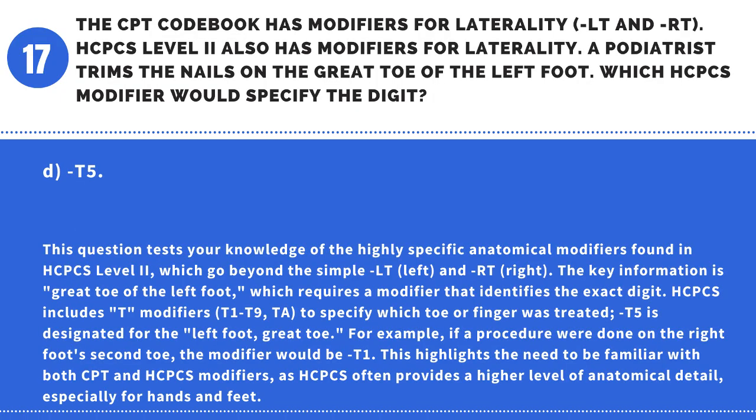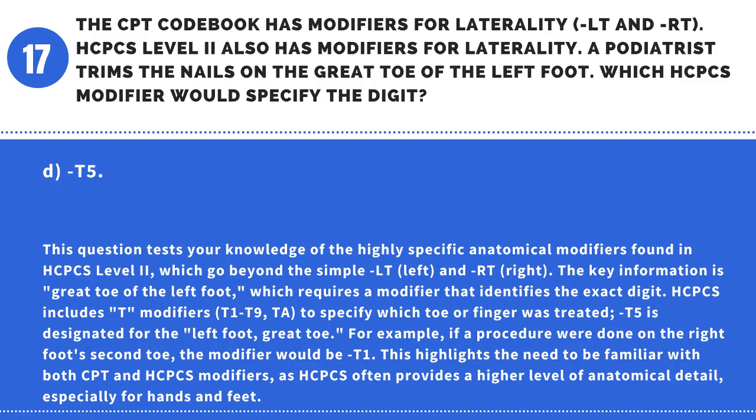Answer: D. T5. This question tests your knowledge of the highly specific anatomical modifiers found in HCPCS Level II, which go beyond the simple LT, left, and RT, right. The key information is great toe of the left foot, which requires a modifier that identifies the exact digit. HCPCS includes T modifiers, T1 to T9, TA, to specify which toe or finger was treated.